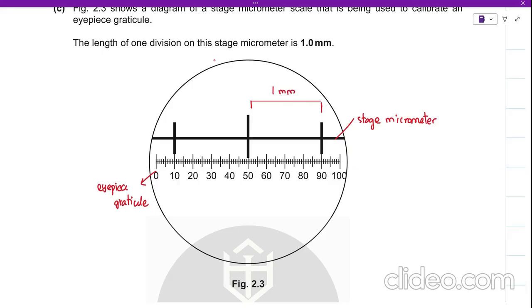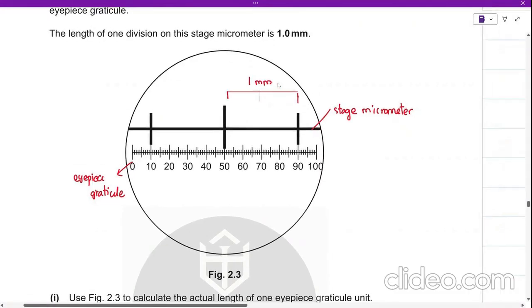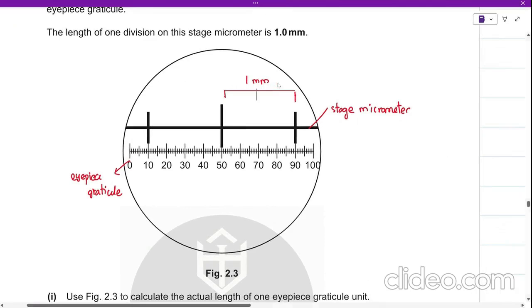Now let's find out the distance of one eyepiece reticle unit before they ask us about the actual length. So we know that from 50 to 90 is actually equal to 1 millimeter. So 50 to 90 is actually equal to 40 eyepiece units.